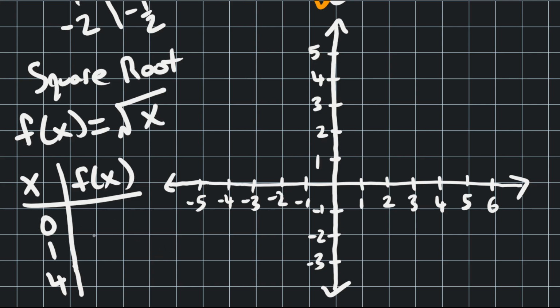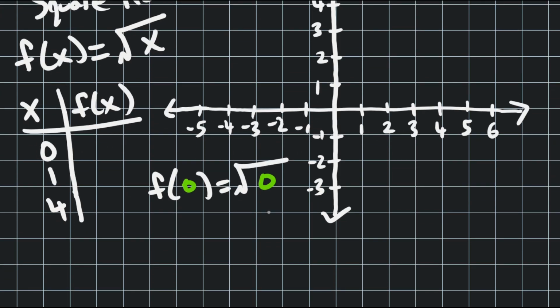So let's evaluate the first one. What is f of 0 right here? So f of 0 equals the square root of 0. Remember, f of x is the square root of x right here. What is the square root of 0? That is 0. So f of 0 is 0.